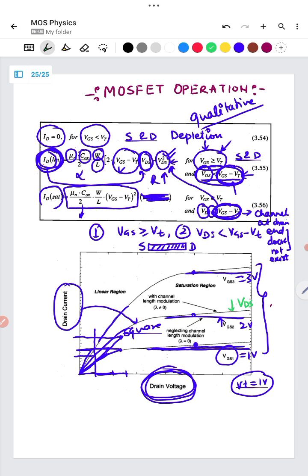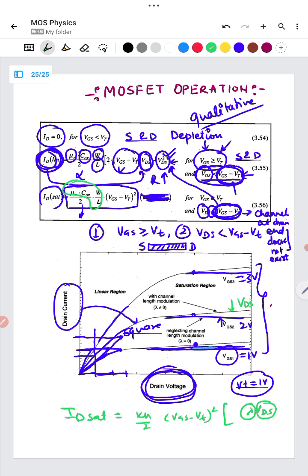So what we need to do is we need to finally write ID sat, which will be equal to Kn by 2, where Kn is basically mu n Cox W by L, times VGS minus VT whole square, and you need to multiply this with a very small factor lambda VDS, because it is proportional to VDS also.